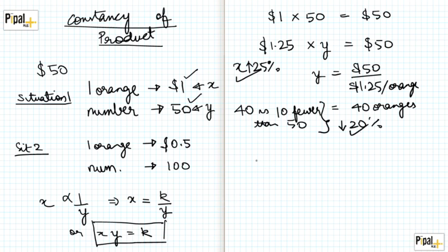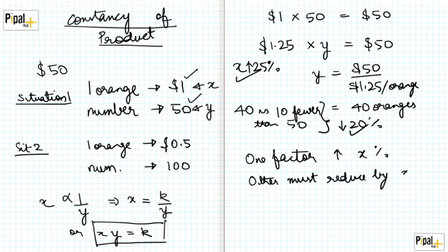Now if one factor increases by x percentage, now I'm using x for another thing, then the other must reduce by x upon 100 plus x into 100%.